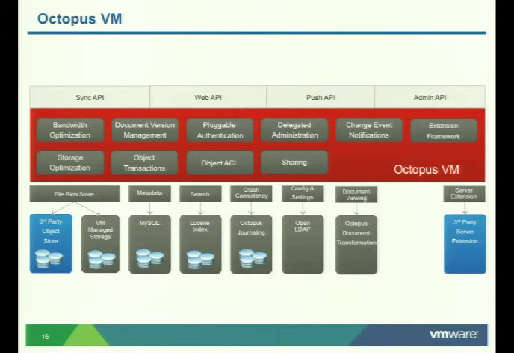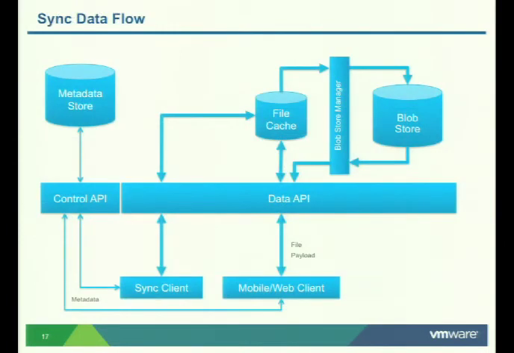All right, we're good. So the next picture is about the interaction between the sync client and the server. Within the Sync API, there are actually two categories of API calls. There's the control side, and there is the data side. We said earlier that you can have a number of data nodes.